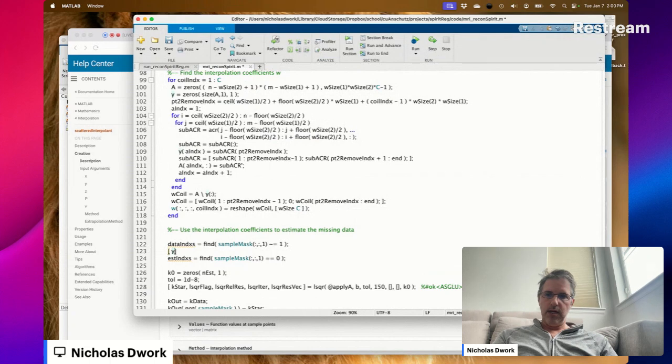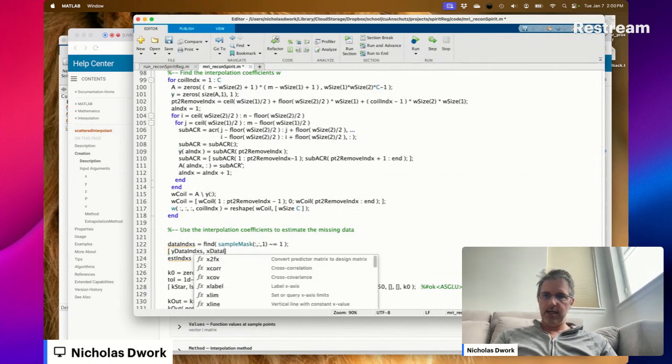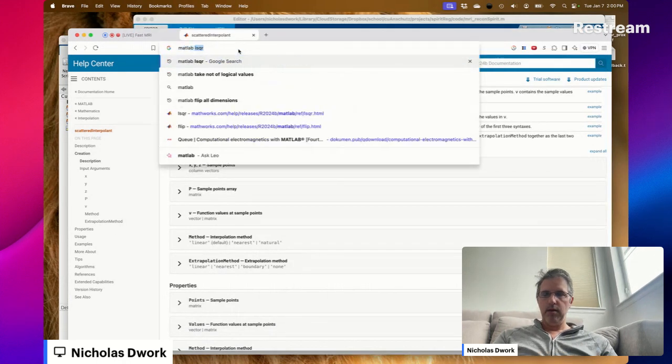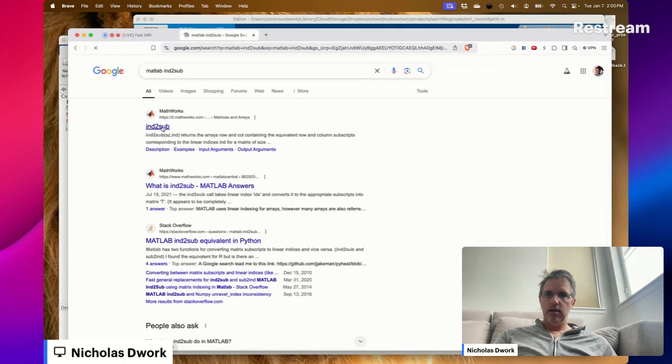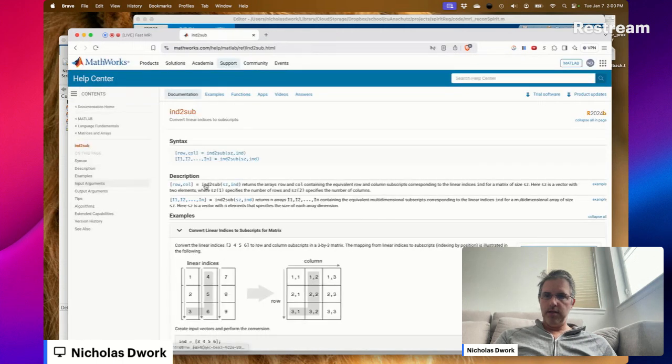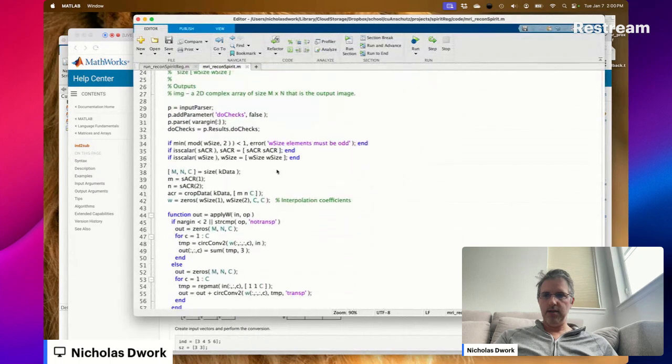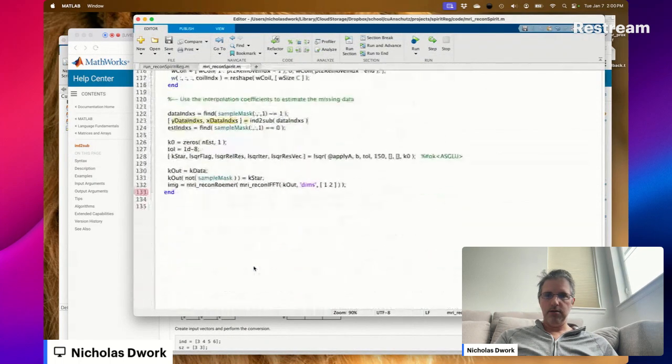And then the y data indexes and x data indexes are either index to sub or sub to index, and I can never remember. It returns the array row and column corresponding to the linear indexes. Great. So which one was that? Index to sub. Data indexes. Well, those are the indices, aren't they? And then we need the size. Do we have the size anywhere? It's n by n. That'll do.